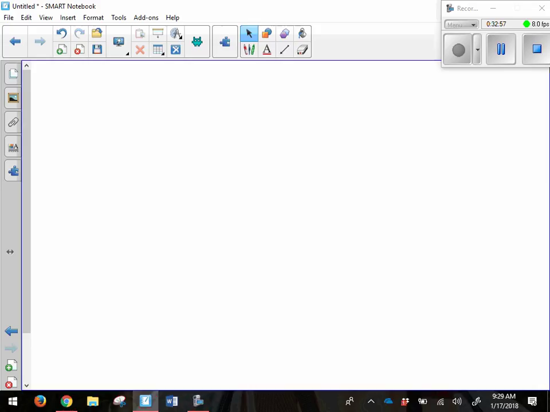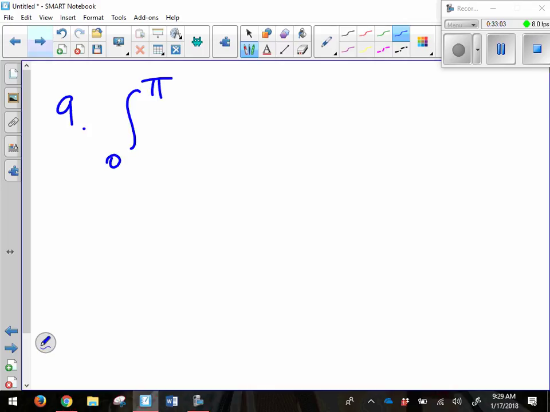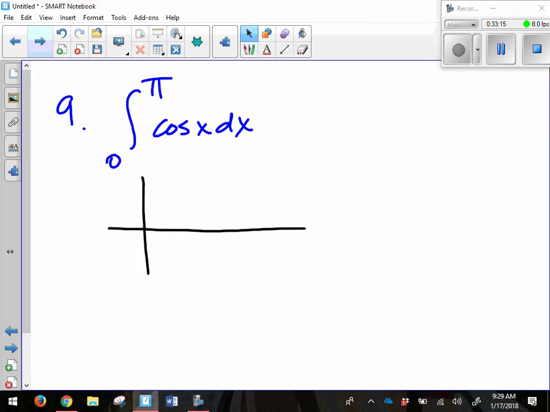All right, so let's finish up these last couple here. Number 9 mixes it up a little bit because it's the integral from 0 to pi of cosine x dx. So we probably want to graph that. And remember that cosine x from 0 to pi is going to look like that.